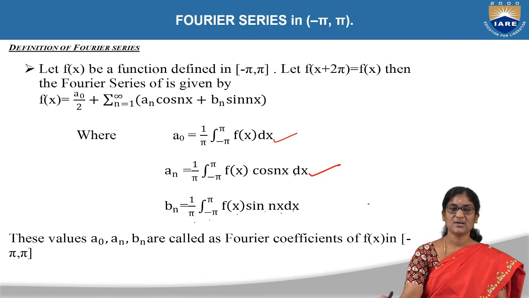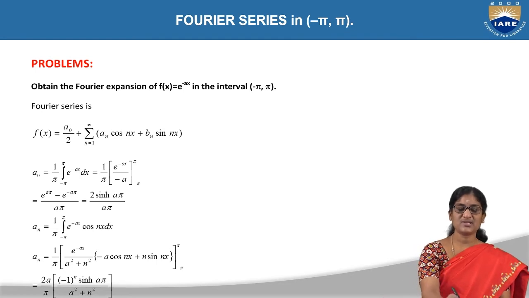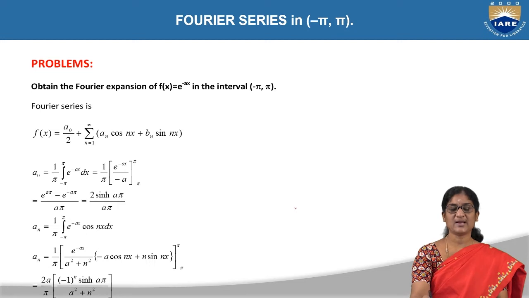Let us see one example of f of x in the interval minus pi to pi. Obtain the Fourier expansion of f of x equal to e power minus ax in the interval minus pi to pi. The Fourier series of the given function is f of x equals a naught by 2 plus summation n from 1 to infinity of an cos nx plus bn sin nx.